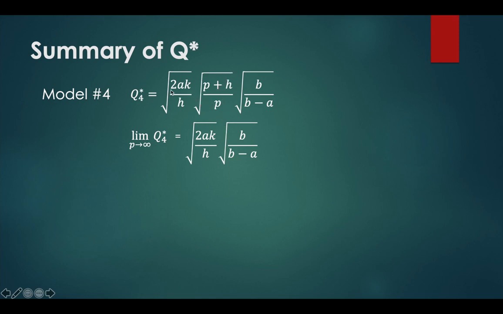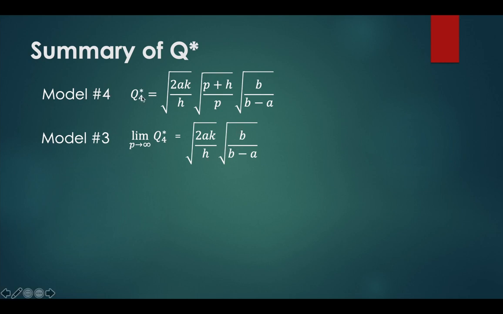Therefore, we will end up with square root of 2AK over H times square root of B over B minus A, which surprisingly is model number 3.